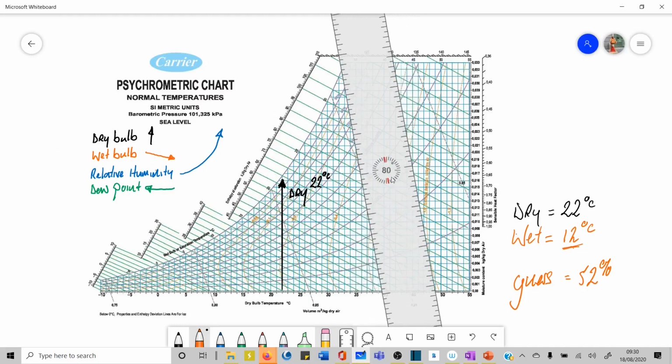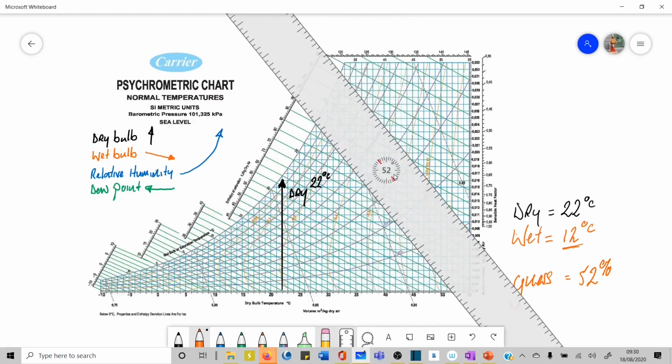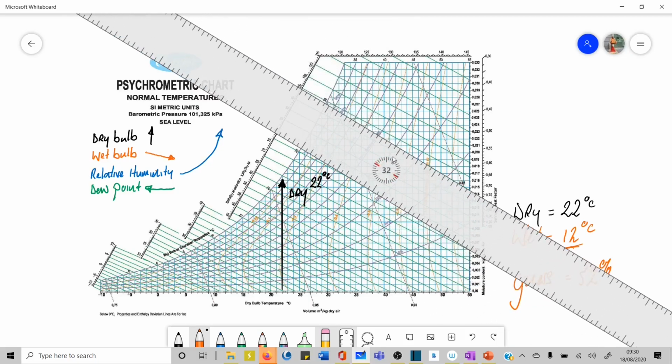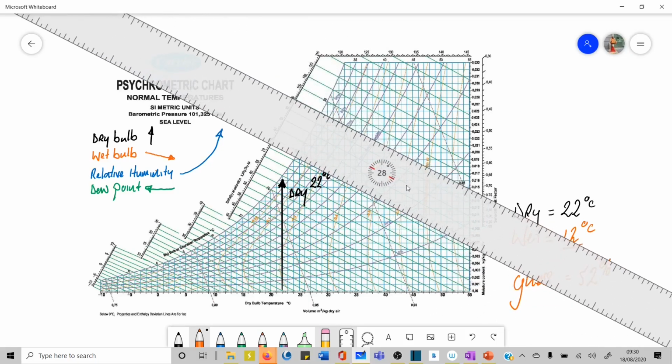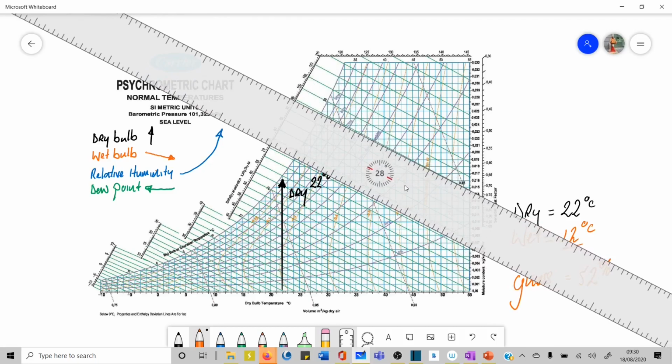So let's change the angle. And that's about right there. Let's line it up. Yeah, that's fine. So wet bulb at 12 degrees, which is here. Can you see that little dot that I've just made there? So we've got 10 there, 11, 12, 13, 14, 15, and so on.